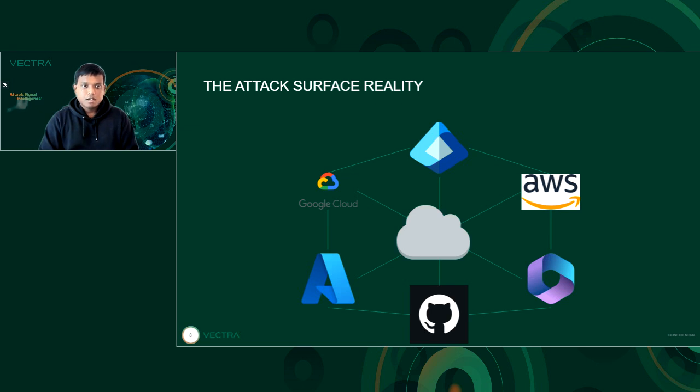And finally, if you take a look at the reality of the attack surface that we are defending today, we notice that attackers do not see our environment as separate clouds. They see it as one connected large playground. They will pivot from AWS to Azure, from Entra ID to M365, or exploit something like OIDC to move from GitHub to AWS.